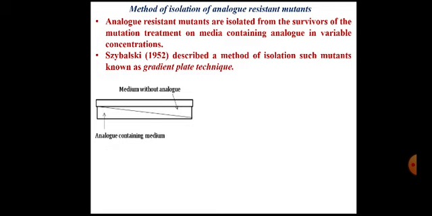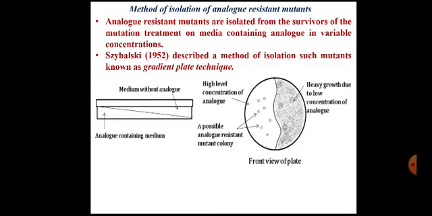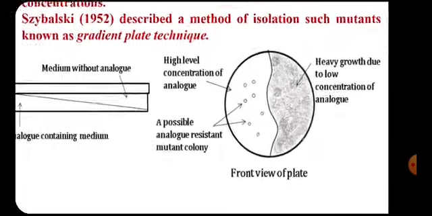Therefore in the left zone there will be a high concentration zone, because analog can diffuse faster to the surface. And the right side of the plate, this is a side view, will have a low concentration zone of analog. This is the front view that you can see.